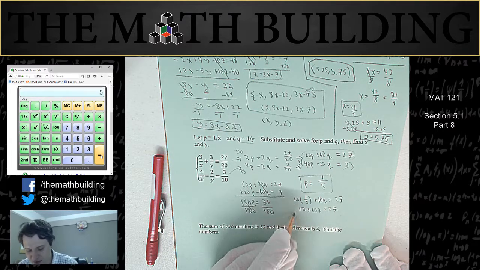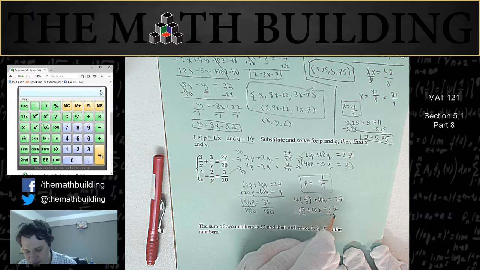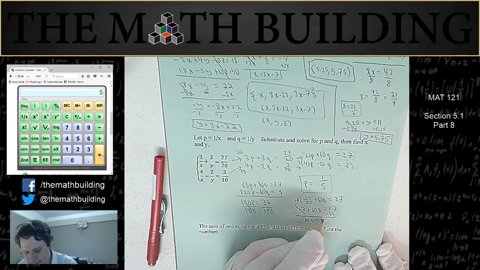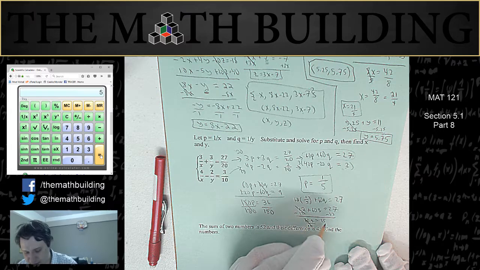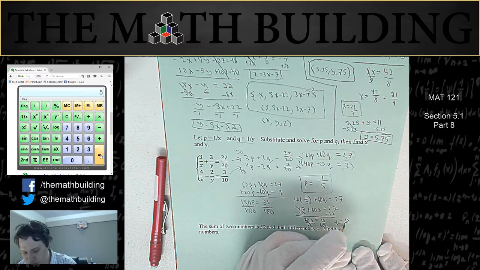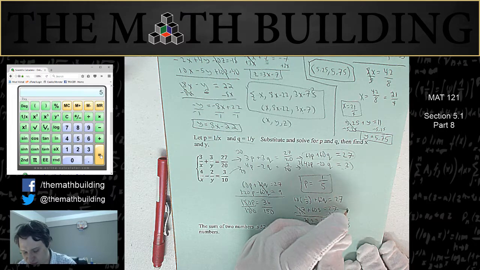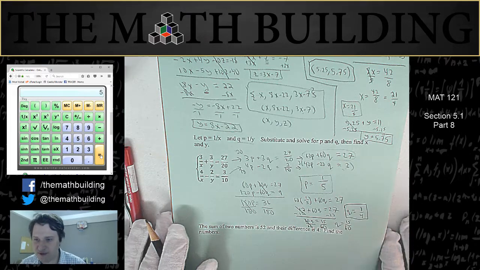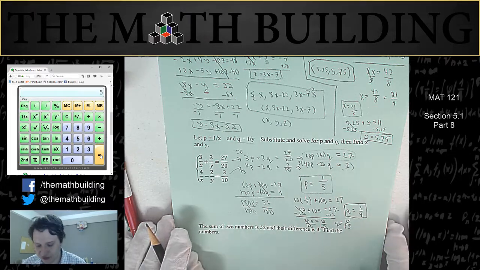Subtract 12 on both sides and divide by 60. So q equals 15 over 60, and that reduces to 1/4. So we've got p equals a fifth, and q equals a fourth.